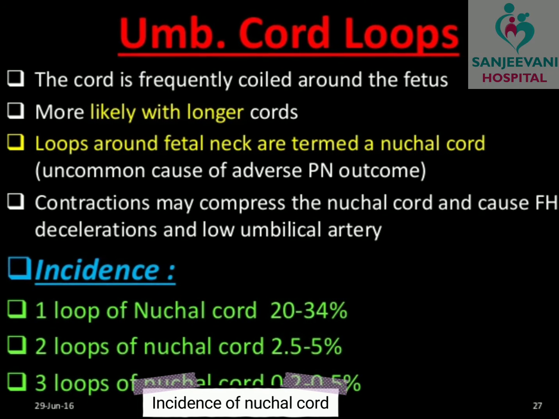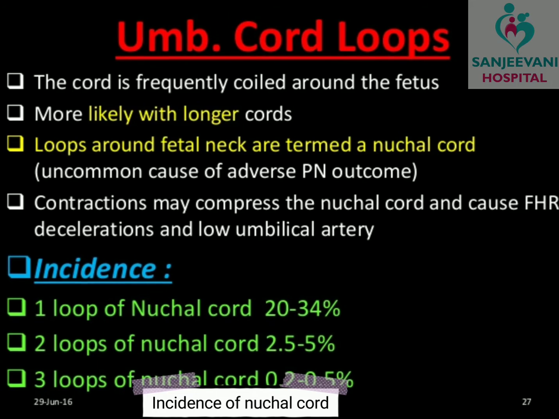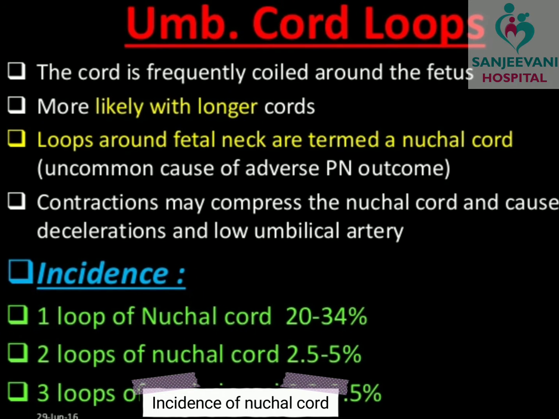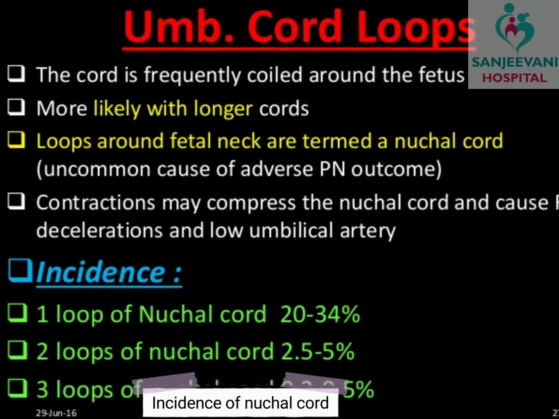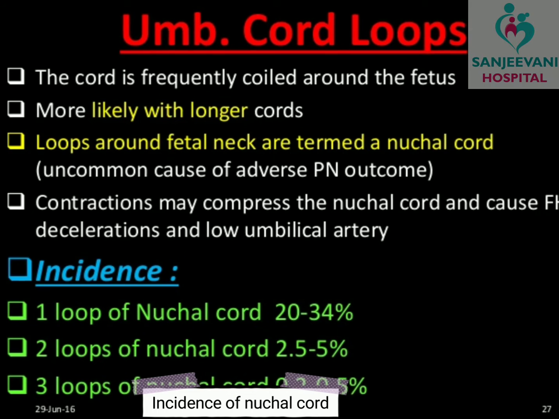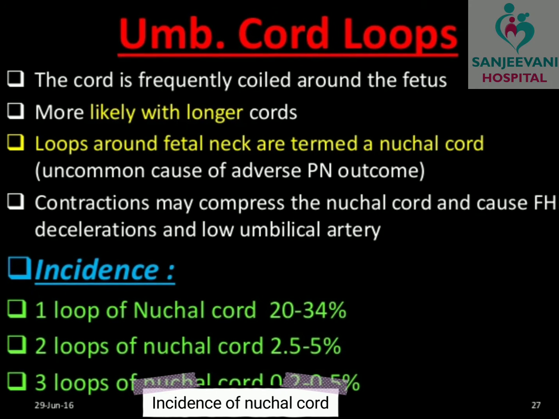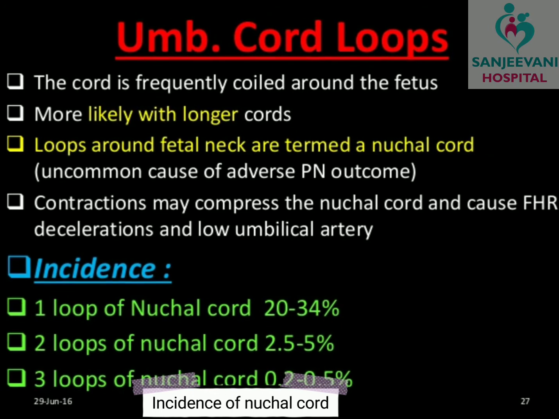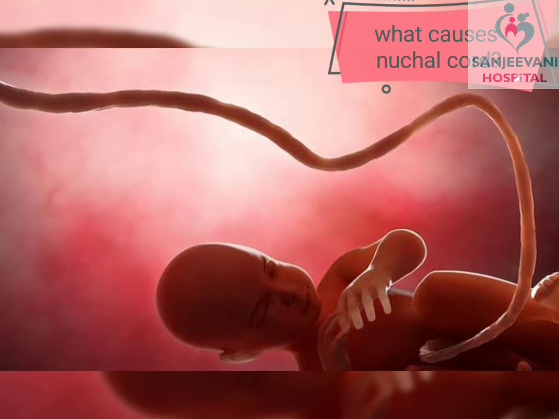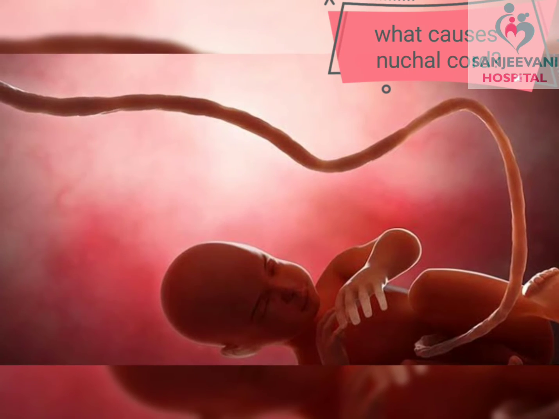Two loops of cord around the neck are seen in 2.5 to 5% of babies, and more than two loops are seen very rarely, less than 1%, that is 0.5%. So, friends, almost one fourth of babies are seen having umbilical cord loops around their neck.